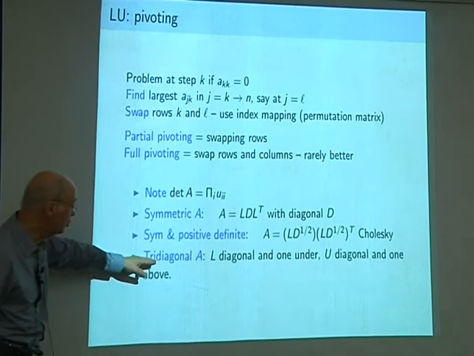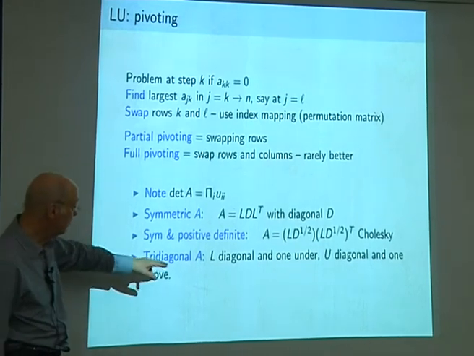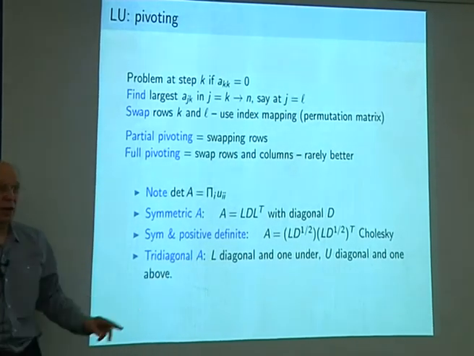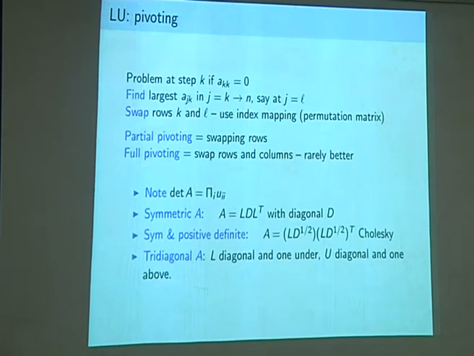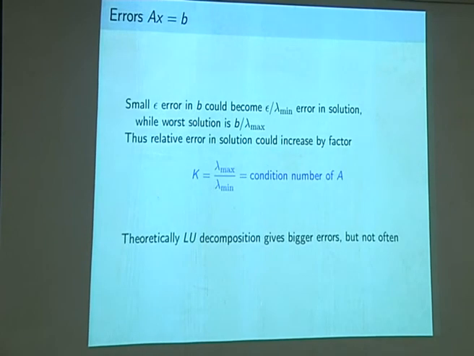If the matrix is tridiagonal, then both L and U are tridiagonal, but of course they're guaranteed to have zeros above and below the triangle. So they're actually just two lines.